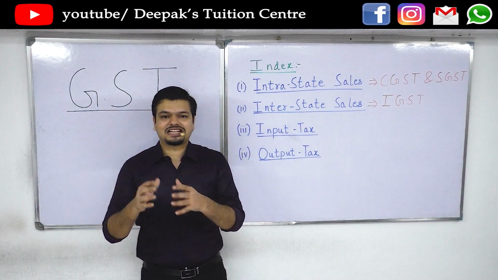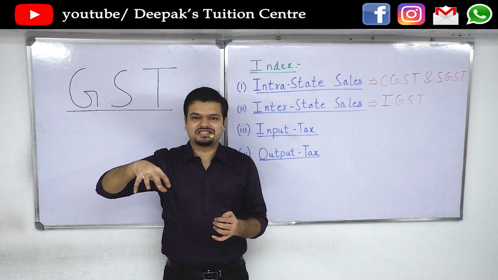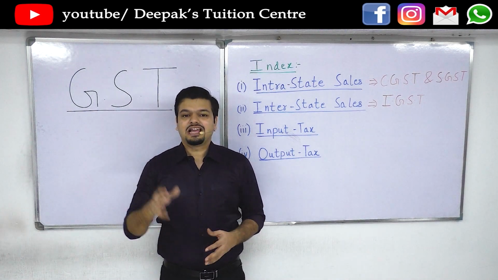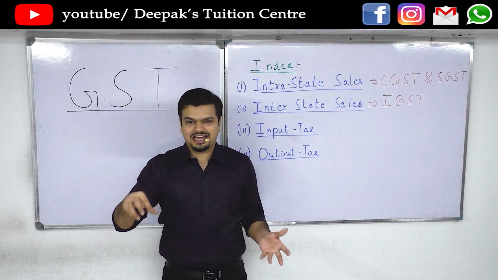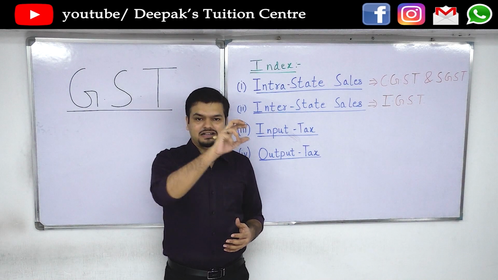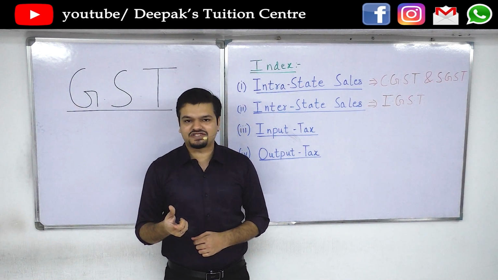Next is interstate GST, interstate sales. Basically, whenever the sale is made outside the boundary of one state, that is, two or more states or union territories are involved. So, if a person in suppose Kerala is selling goods to a person in Punjab, whenever the consumer is buying the product, he is paying a certain amount of GST.